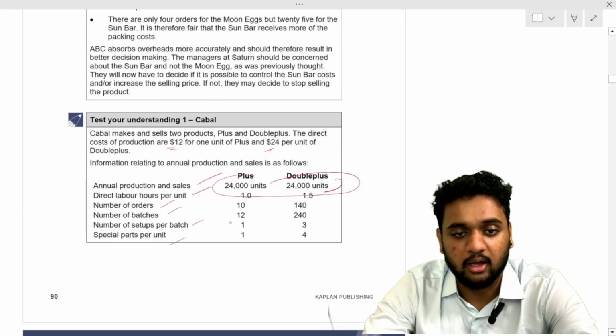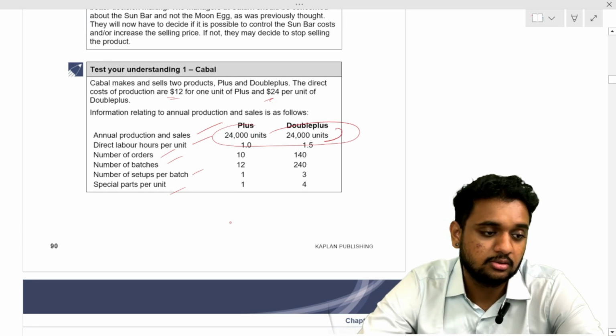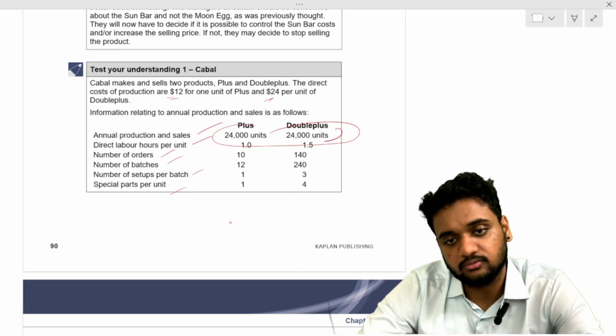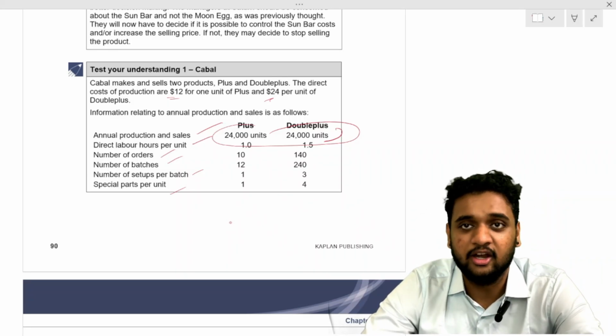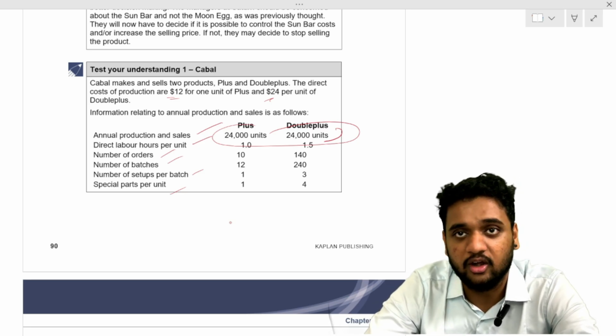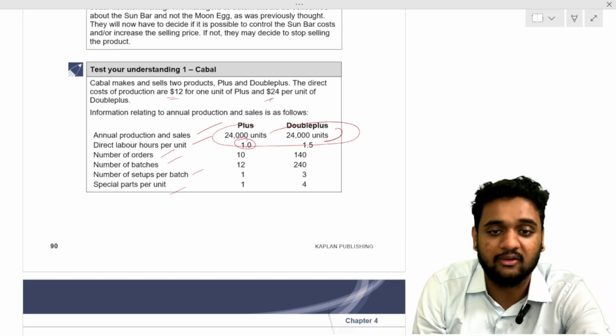What is the overhead cost per unit of Plus? Listen. Overhead cost of 1 unit of Plus is 1 into 7.2, that is 1 hour into 7.2.